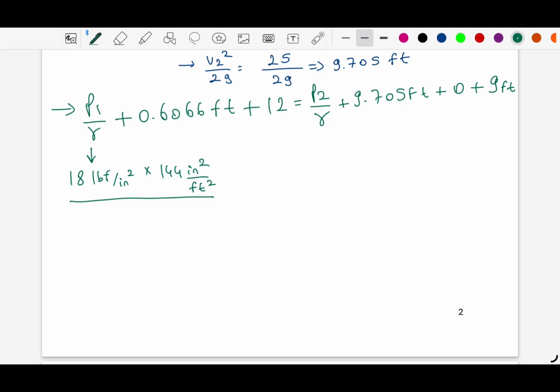And the specific weight is 62.4 times, since this is not water, this is gasoline, we are going to use 0.8 as the specific gravity. So we have 0.066 plus 12.